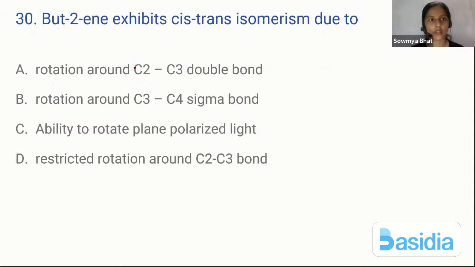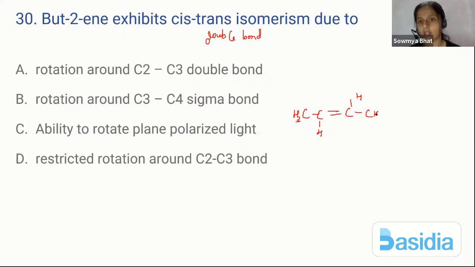The last question which we have here is but2-ene exhibits cis-trans isomerism due to. We know that the cis-trans isomerism is observed in case of the compounds which have the double bond. When you say cis-trans isomerism, let's write the structure of but2-ene. But in the sense there should be 4 carbon atoms and H3 here, there is 1 hydrogen here and 1 hydrogen here and H3.